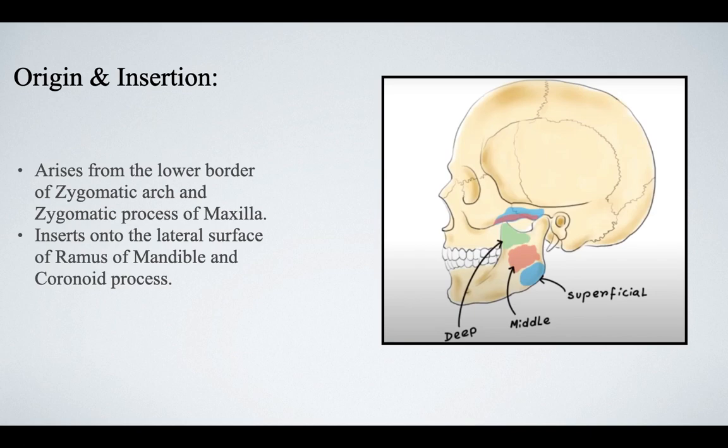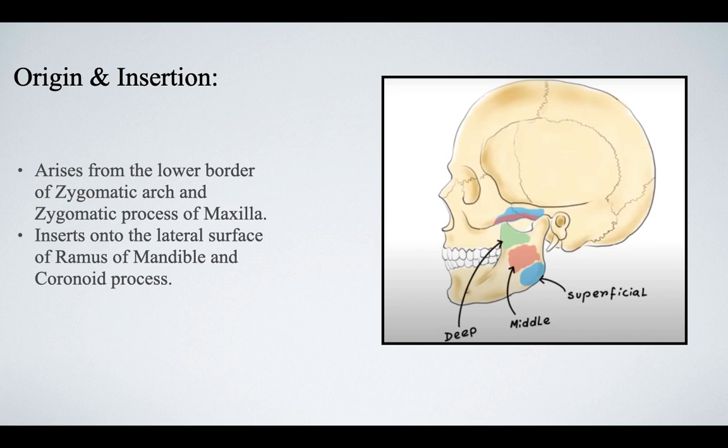Blue denotes the superficial layer, which arises from the zygomatic arch and adjoining zygomatic process of maxilla and inserts onto the ramus of the mandible, whereas the middle layer arises from the posterior one-third of zygomatic arch and inserts into the central portion of the ramus of the mandible, and the deep layer arises from the deep surface of the zygomatic arch and inserts onto the upper part of ramus and coronoid process.